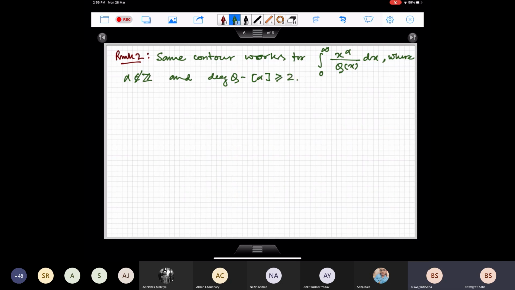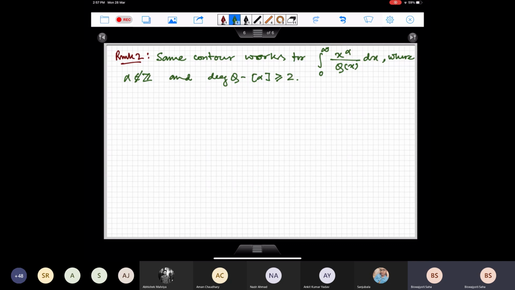For instance, your degree of q could be 3 and your alpha could be 1.9. So the difference is 1.1, which is slightly bigger than 1, which is all I need to ensure convergence. In other words, the degree of q minus the integral part should be at least 2 to make sense of the convergence.